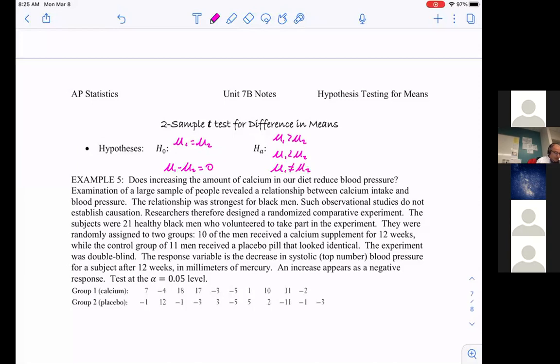The alternate way of writing it is going to, again, be mean 1 minus mean 2 is greater than 0, because all we did was subtract that mean 2 to the other side. This one's going to be mean 1 minus mean 2 is less than 0. And this one's mean 1 minus mean 2 is not equal to 0.